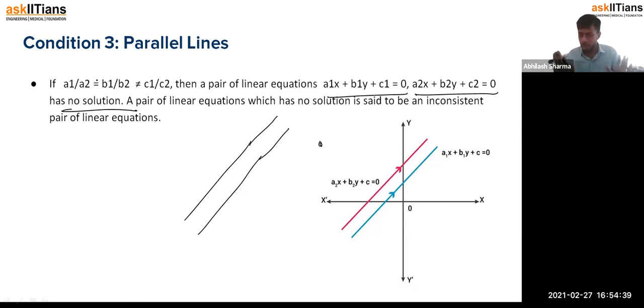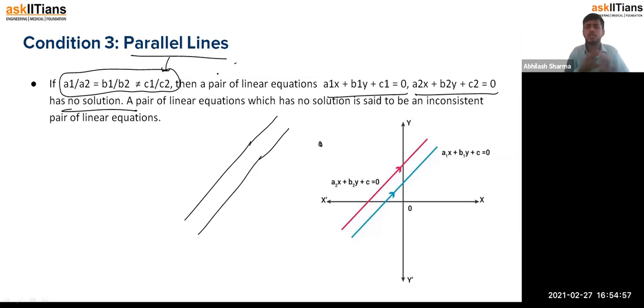Both ways it holds true. And from our study of the cross multiplication method, we already know that a1 by a2 should be equal to b1 by b2, but it should not be equal to c1 by c2. So whenever this is the case, the lines will be parallel.